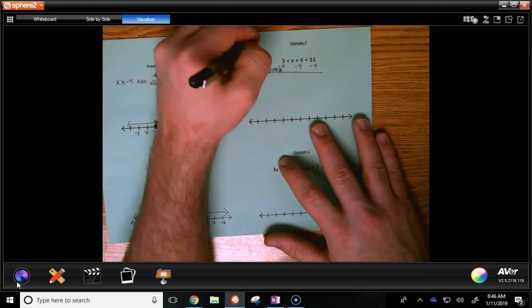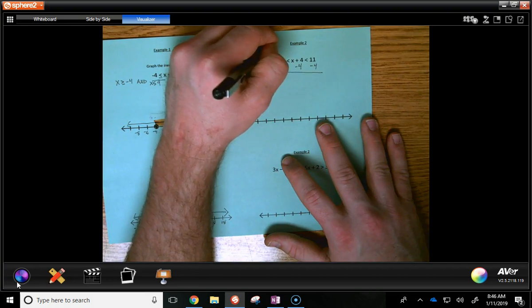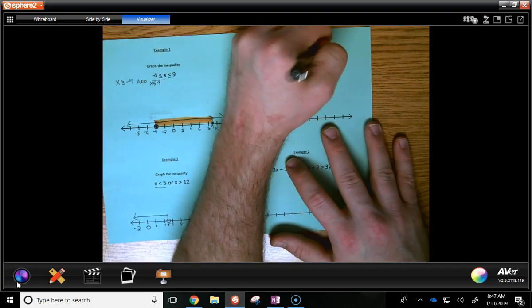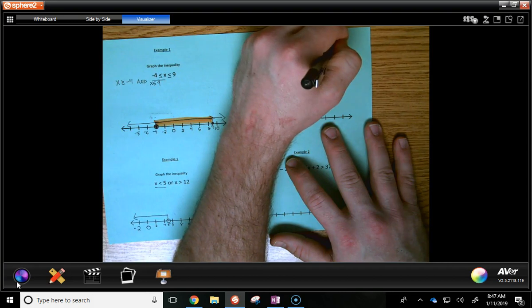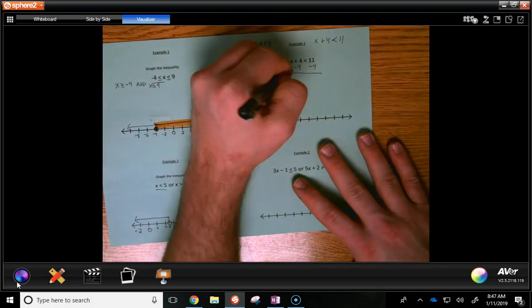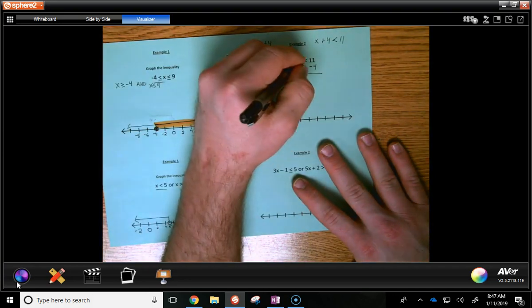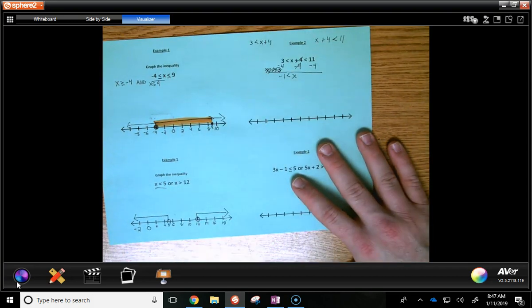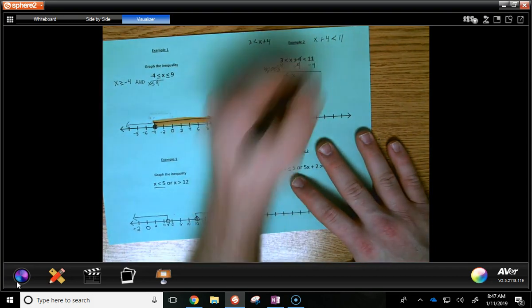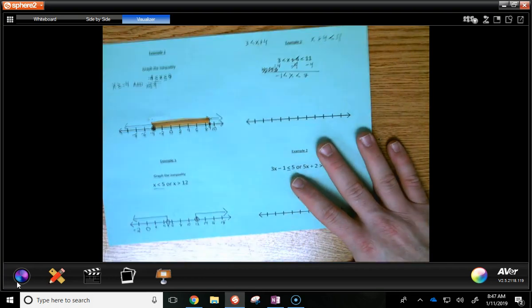I could have written this as 3 is less than x plus 4, and x plus 4 is less than 11. Those are my two inequalities that we're solving; we're just showing how we do it at one time. I subtract 4 and get -1 is less than x. This is already canceled out. And 11 minus 4 is 7.